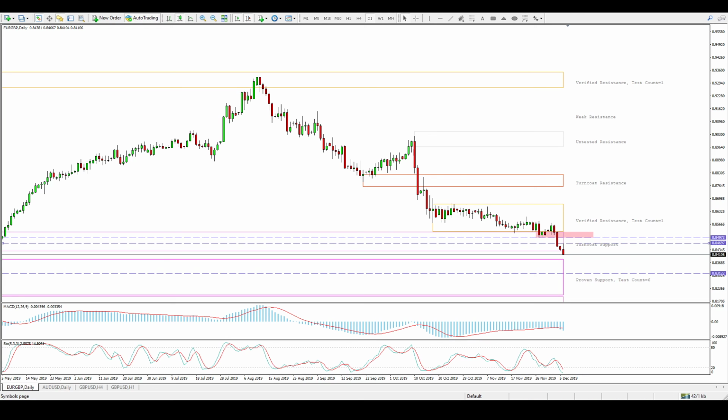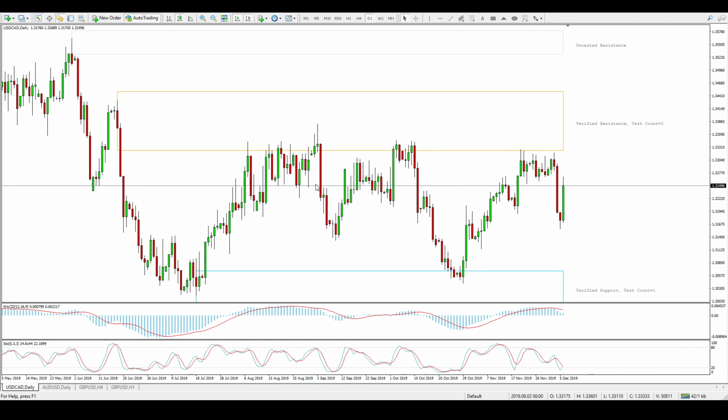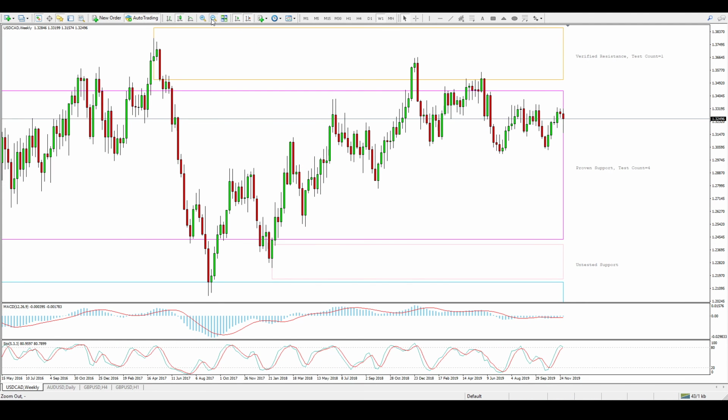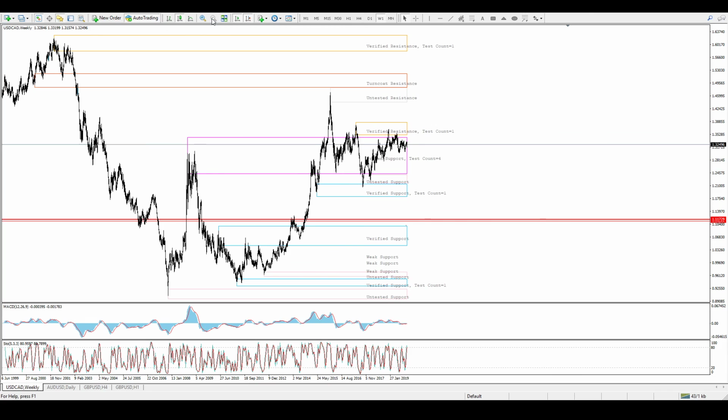Let's look at USD CAD, US dollar and Canadian dollar. Weekly first, zoom in. Setting up the trend line first.